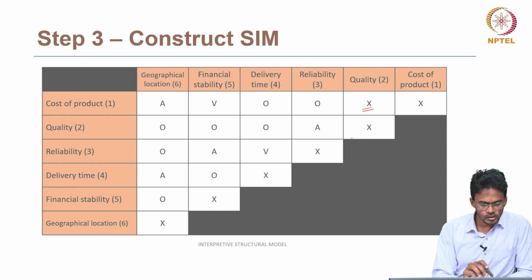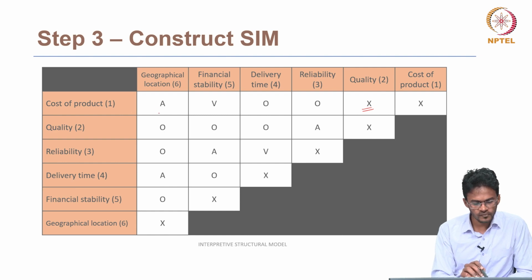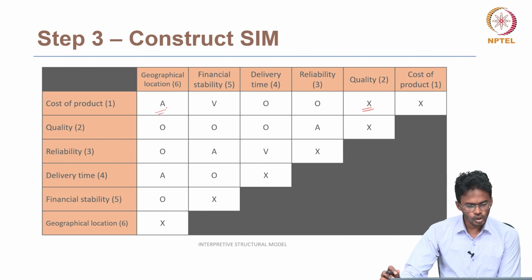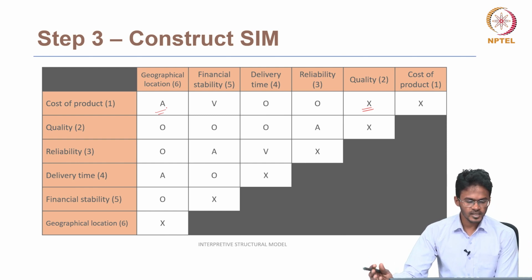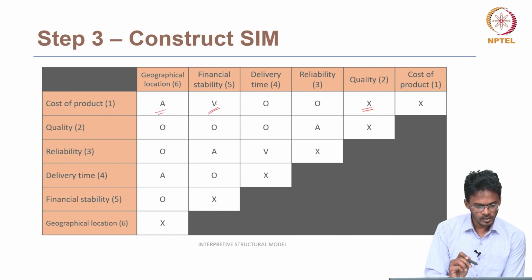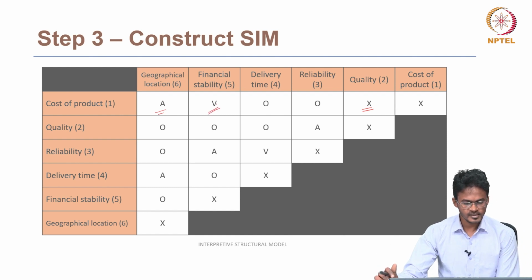The relationship between cost and geographical location is A. It means that geographical location directly influences cost of product, but cost of product does not directly influence geographical location. Then the next example, for cost of product and financial stability, the relationship is V. It means that cost of product directly influences financial stability, but financial stability does not influence cost.